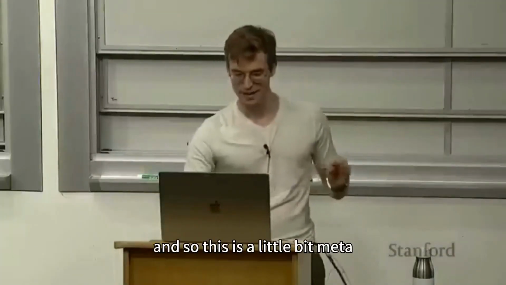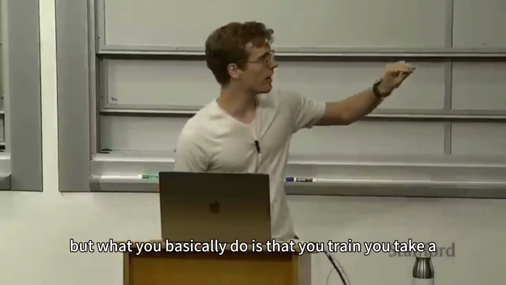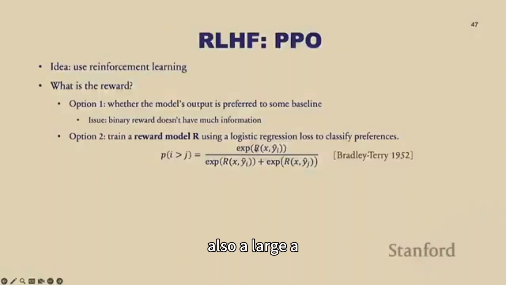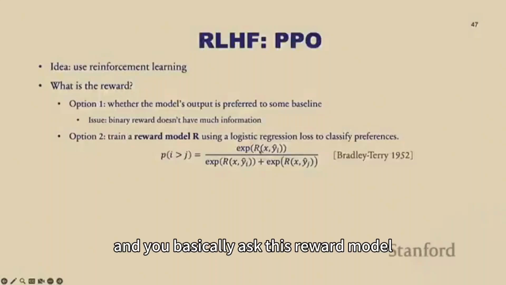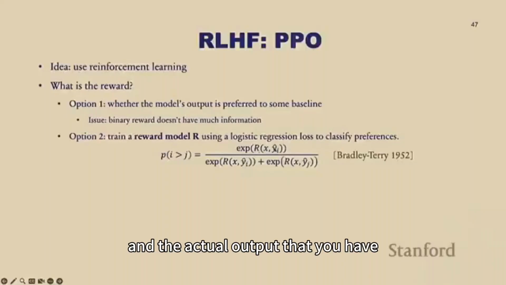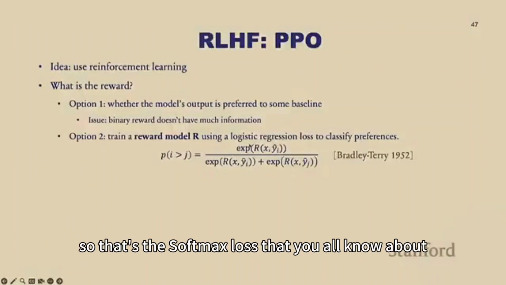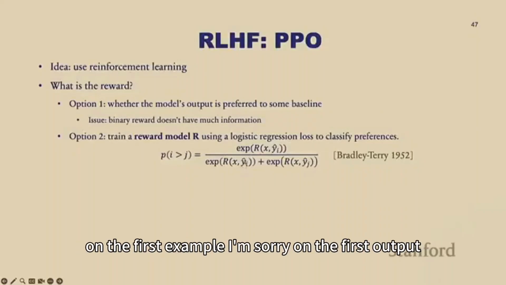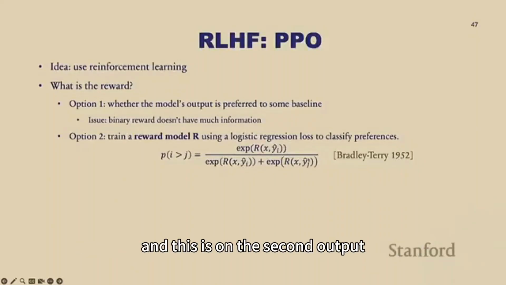This is a little bit meta, but what you basically do is take a reward model R, which is just a large classifier, and you give it the input and one of the two outputs, and you exponentiate that, so that's the softmax you all know about, and you divide by the exponentiated reward on the first output plus the exponentiated reward on the second output.